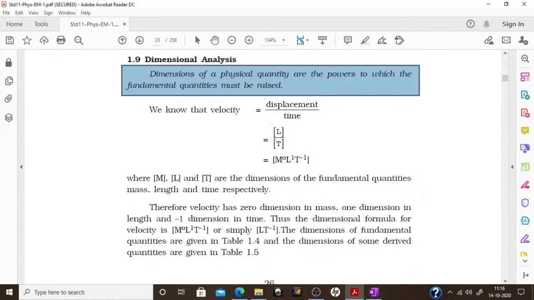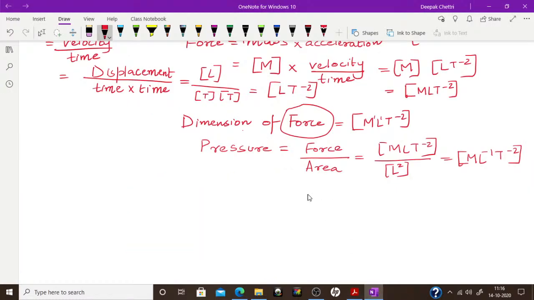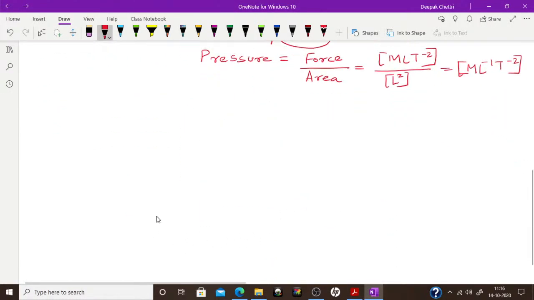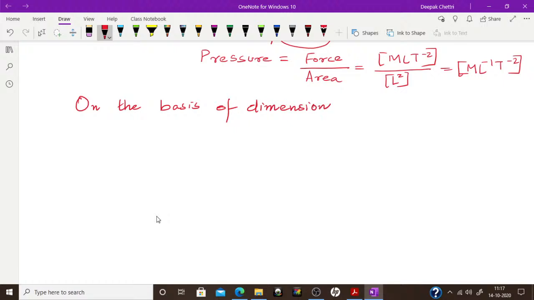Now what is the use of dimension? We have three main uses of dimensions, and we will talk about that, but before that, on the basis of dimensions, physical quantities can be divided into 4 categories.